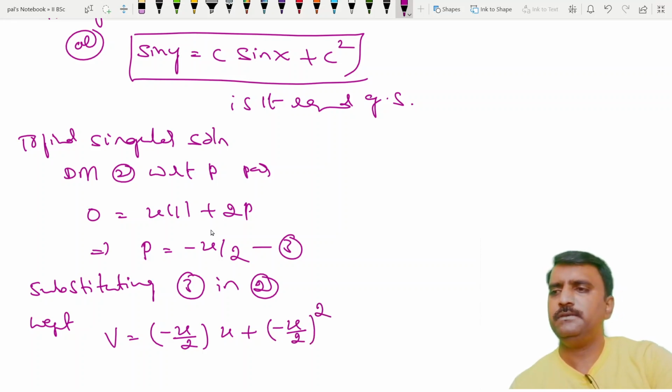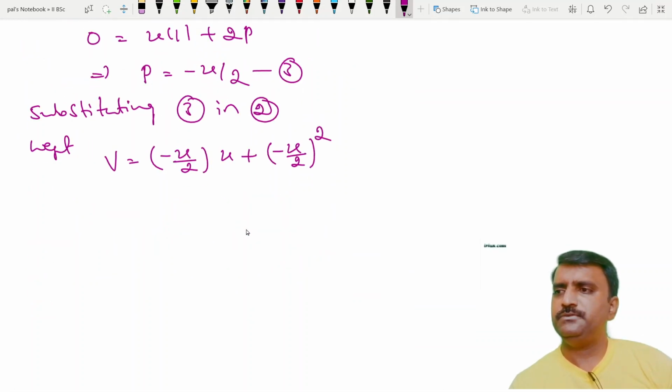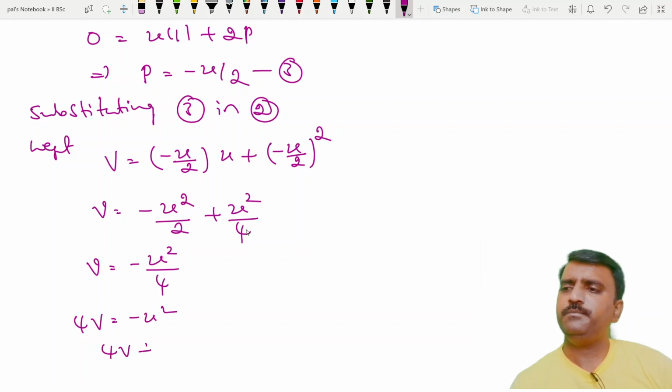What does it give? v is equal to minus u square by 2 plus u square divided by 4. Simplifying this, it gives minus u square divided by 4, or 4v is equal to minus u square, or 4v plus u square is equal to 0.